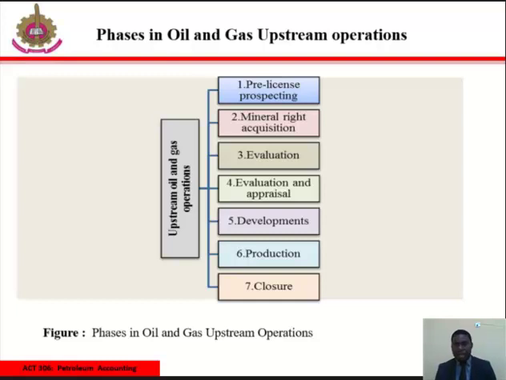Field treating and processing, that is removal of basic sediment and water, the BS and W, and separation of the oil and gas, and storage of production conclude the production activities. Phase 7, which is the last one, is closure. At the end of the productive life of an oil or gas field, the site typically must be restored to its pre-existing condition.